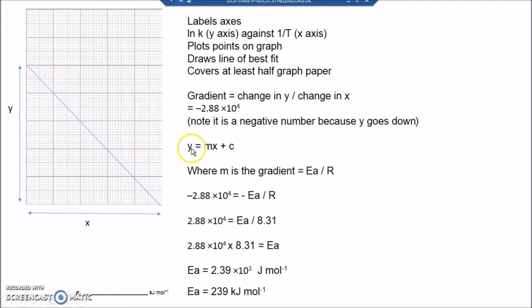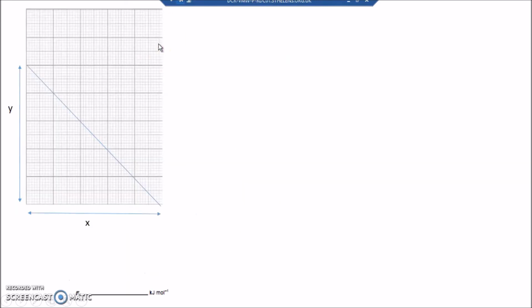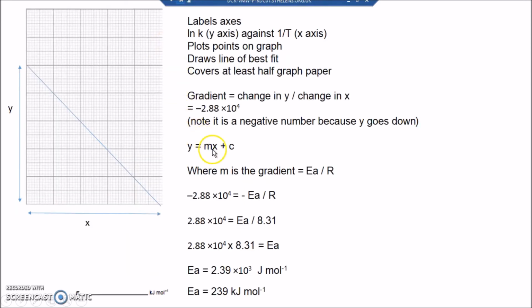Now you may remember from GCSE maths, y equals mx plus c, so m is your gradient and c is a constant, and that resembles this equation here. Your y-axis equals, your x-axis is 1 over T, and this is a constant. So the rest of it, minus EA over R, is your m, which is your gradient. In other words, minus EA over R is your gradient.